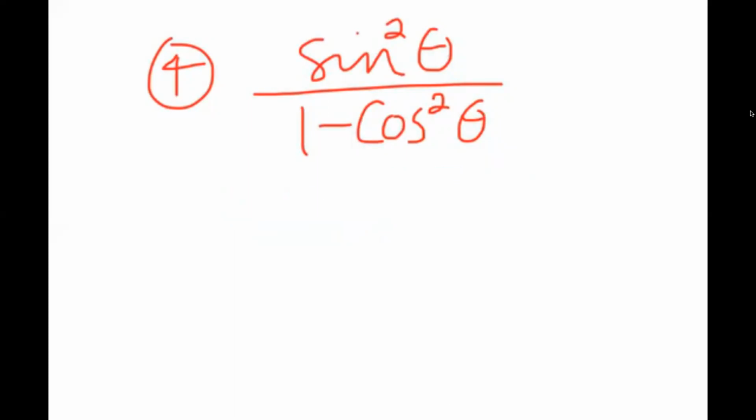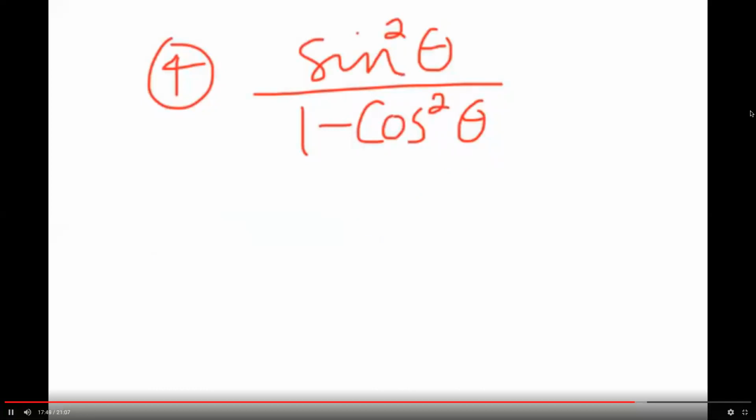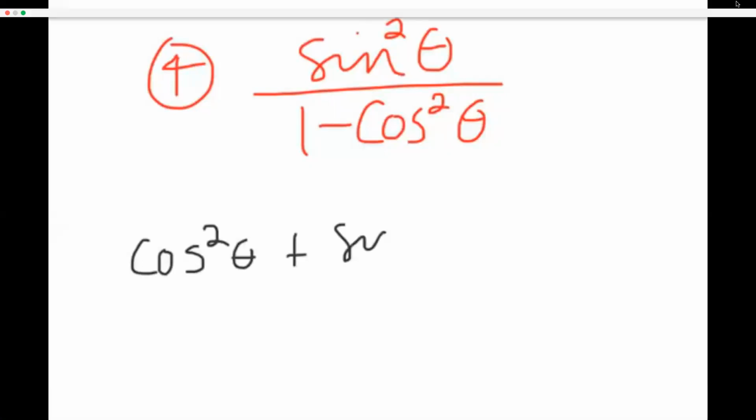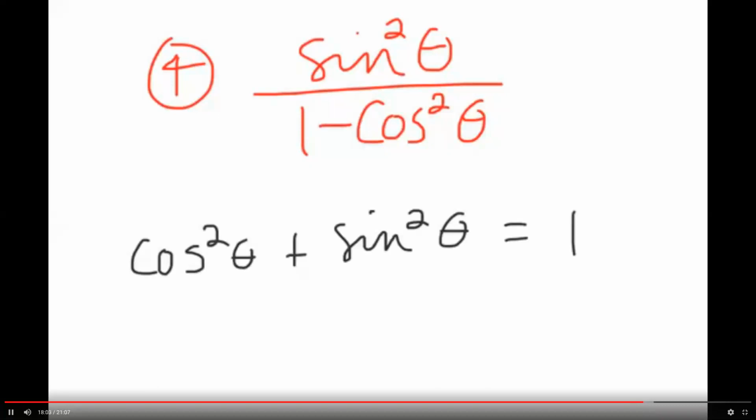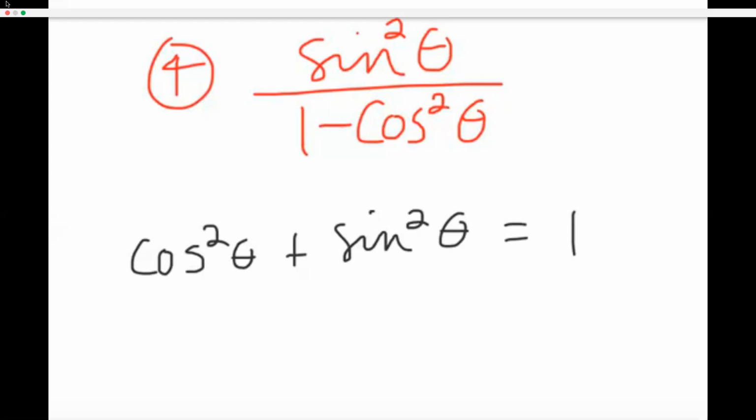Try something else, okay? Now, let's think about the numerator. Sine squared theta. What do we know about sine squared theta? We know that cosine squared theta plus sine squared theta is equal to 1. So once you get to this point, remember earlier I told you guys, you can actually solve for cosine squared theta or sine squared theta.